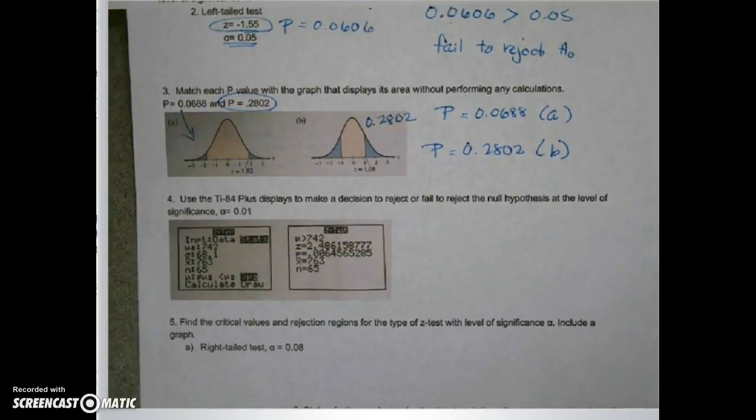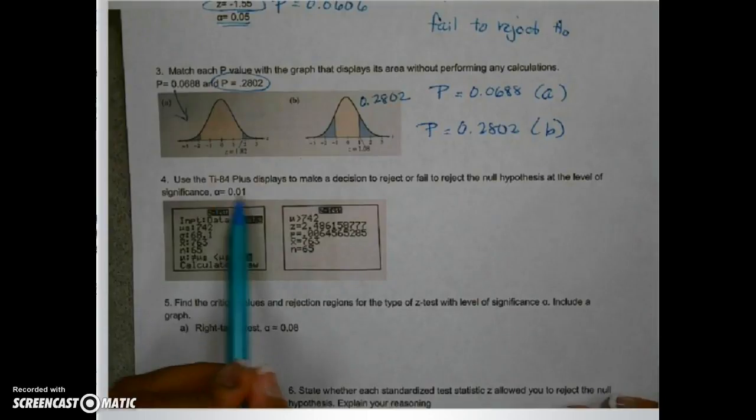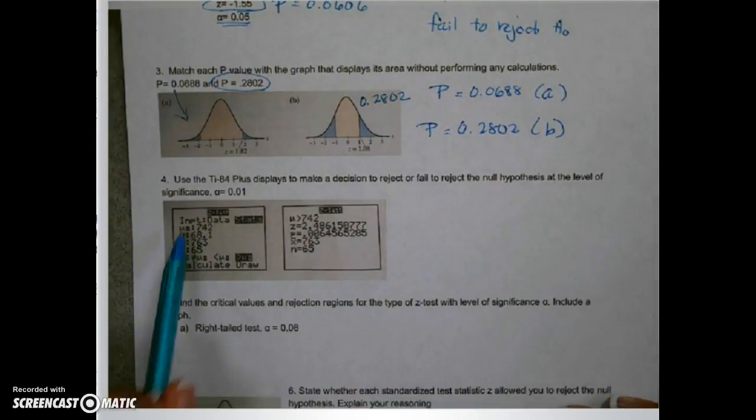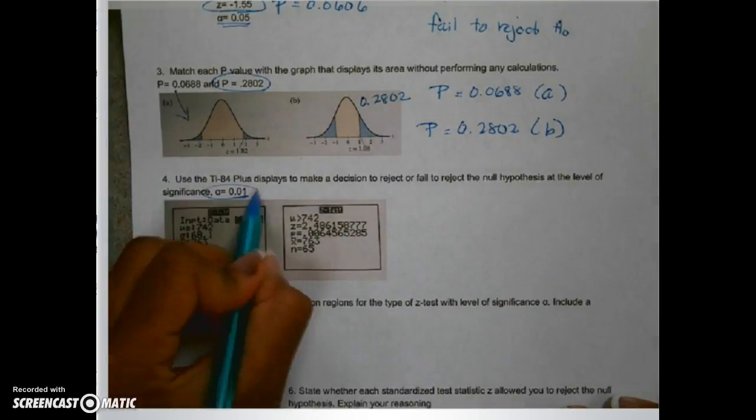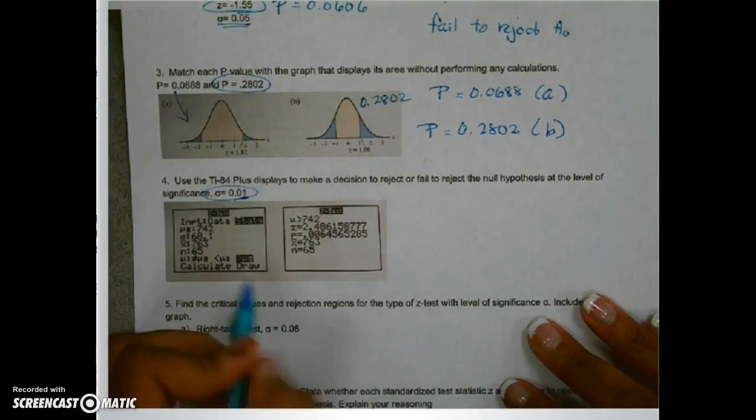Okay, now before I show you how to do these things in your graphing calculator, let's talk about what the calculator might look like. Use the TI-84 display to make a decision to reject or fail to reject the null hypothesis at a level of significance alpha of 0.01. There are two ways to look at this.